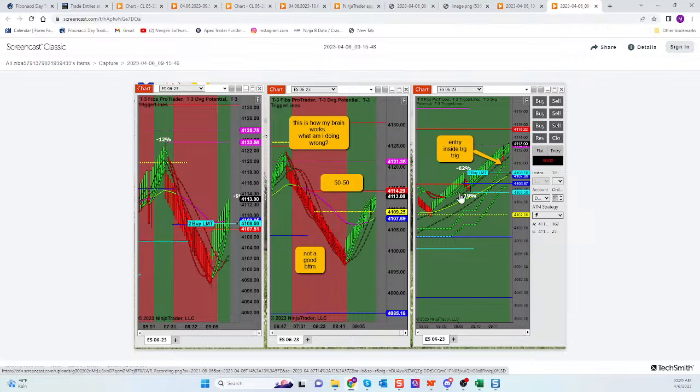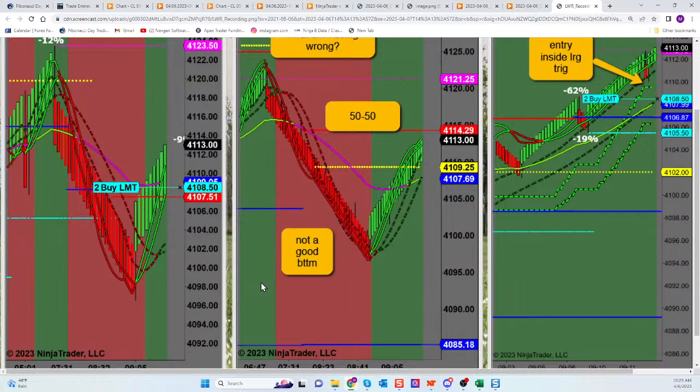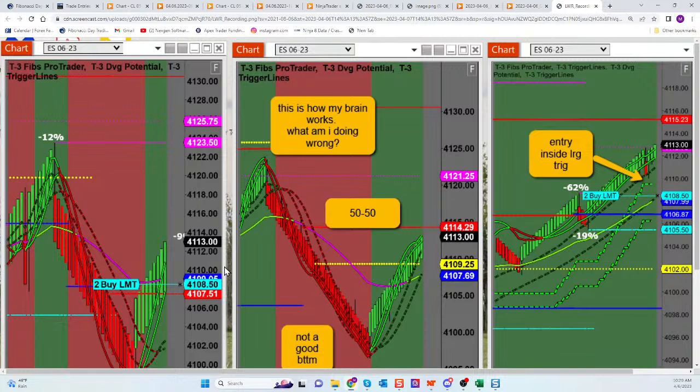Zeba, 50-50. Looking for the pullback inside of favorable large triggers. I like it. Zeba, why do you think you did something wrong? Oh my gosh, Zeba, I'm a man. I don't remember that. This isn't the trade, though, that I asked for it on.